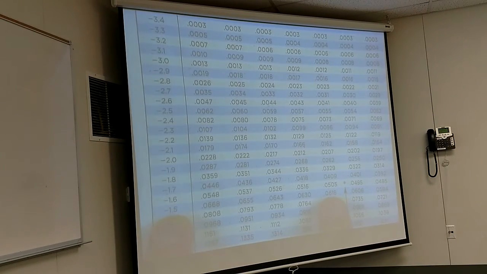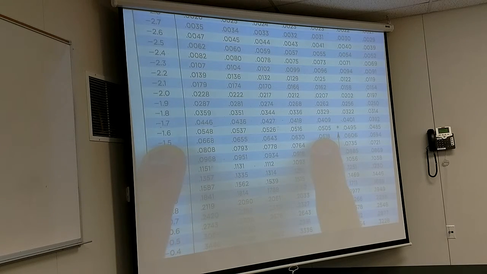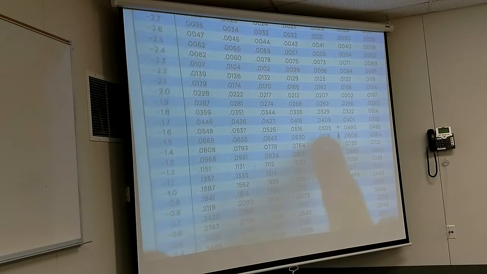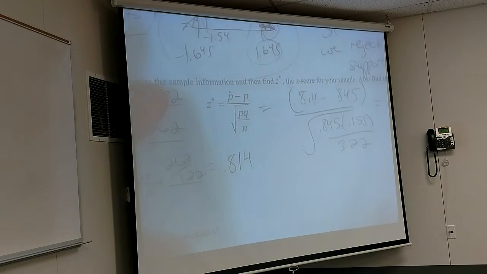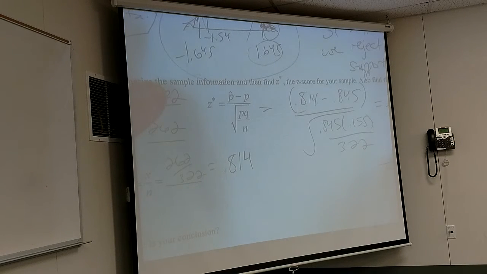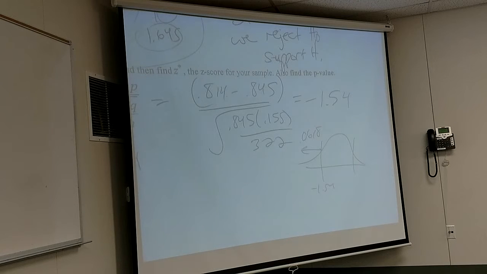So I get this here, 0.0618. If you double that, what do you get? So this area here is 0.0618. I double it to make it fair because it's a two-tailed test.